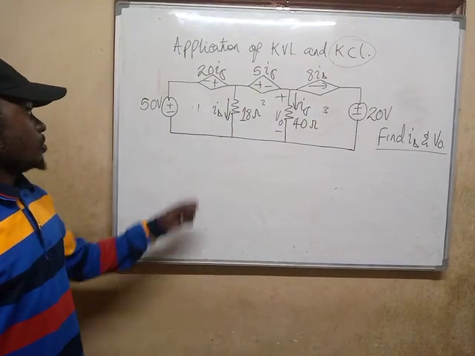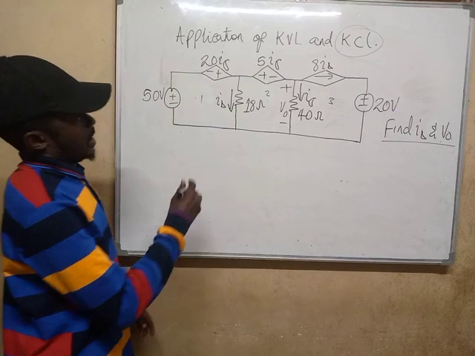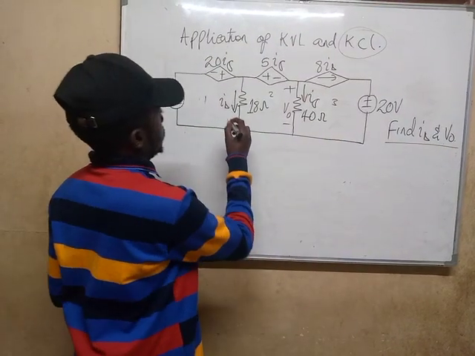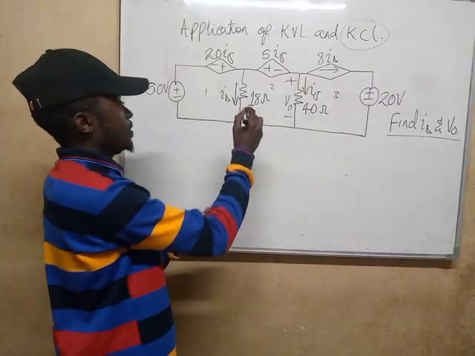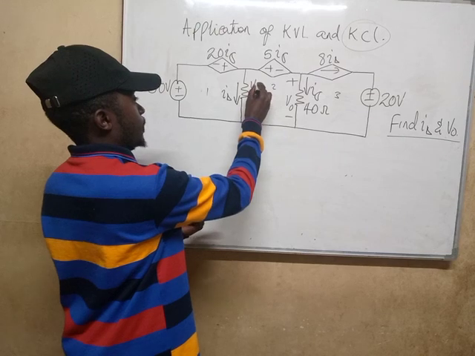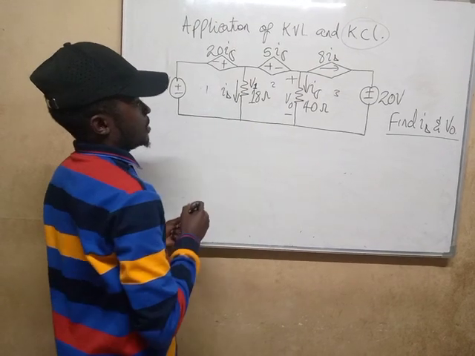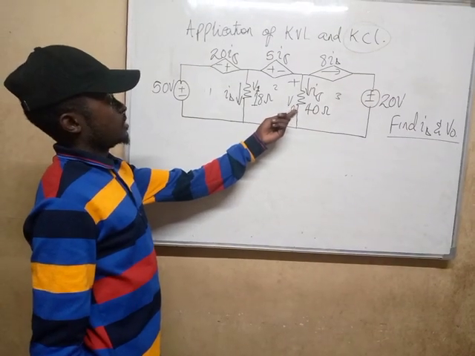To start with, I'm going to name the voltage across the 18 ohm resistor as V1. This one is already named, it is VO.